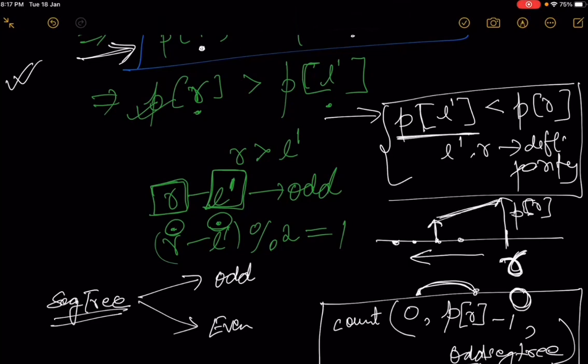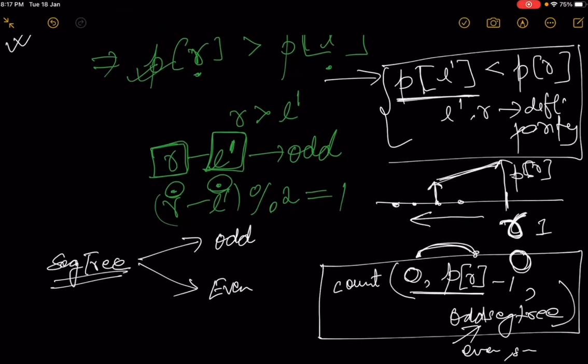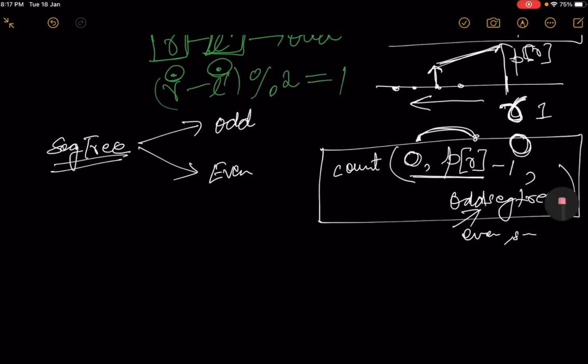Now, important thing, similarly we can do this for odd indexes as well. If R, instead of being even, is odd, then we check the opposite parity segment tree. In that case we will check in the even segment tree how many indexes there are such that the value at those indexes lies within this range. Now, an important thing to notice is that the value of P of R will lie in the range minus n to n.